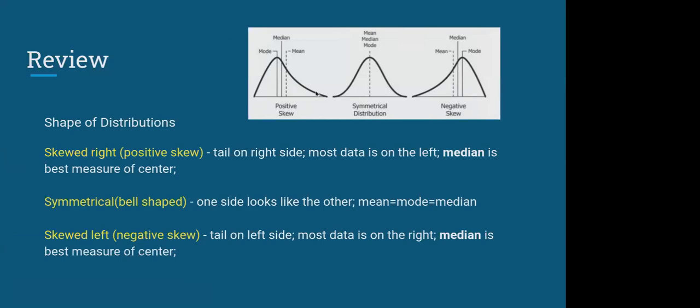Positive skew, which is also called skewed right, symmetrical distribution, which is also called a bell-shaped curve, or it can be skewed left, which is also called negative skew. Those are the things that we've discussed thus far. And again, I'm hoping that some of it was just a true review.